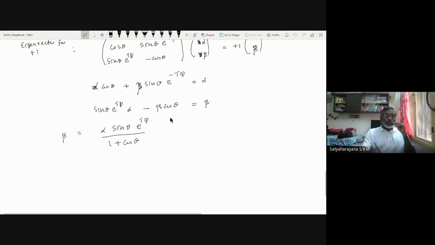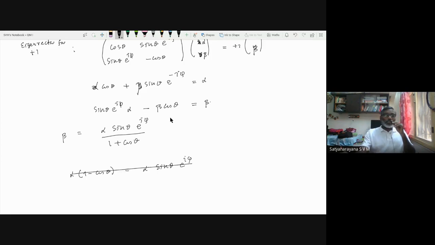So that is equal to alpha times 1 minus cos theta is equal to alpha sin theta e to the power i phi. So beta is equal to this.